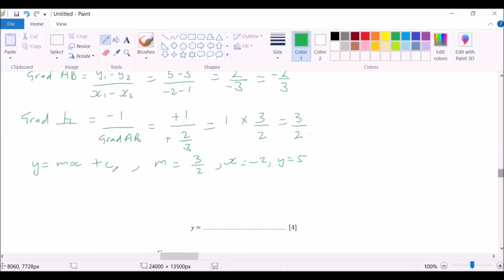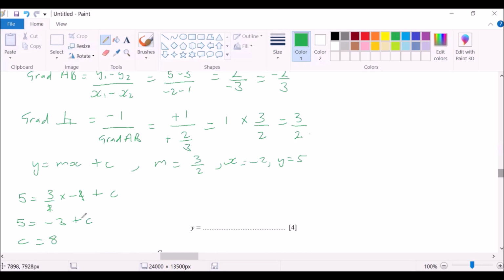So we substitute so that we find the value of c. 5 is equal to 3 over 2 times -2 plus c. The 2's cancel, and we remain with -3 here, so 5 is equal to -3 plus c. c is equal to 5 plus 3, which is 8.